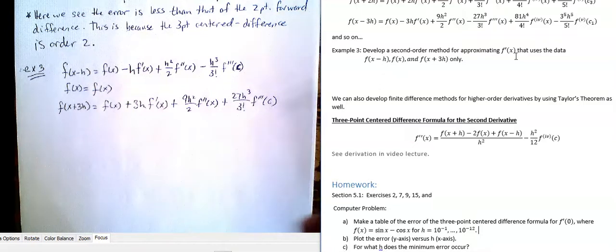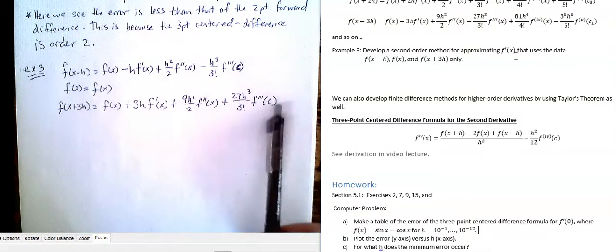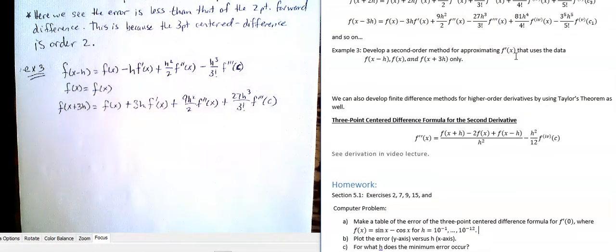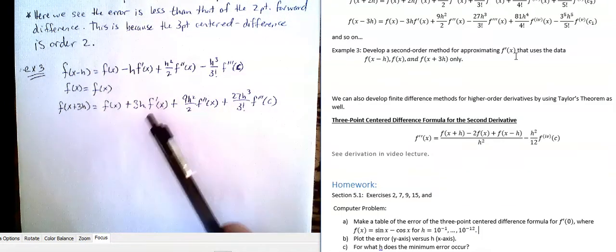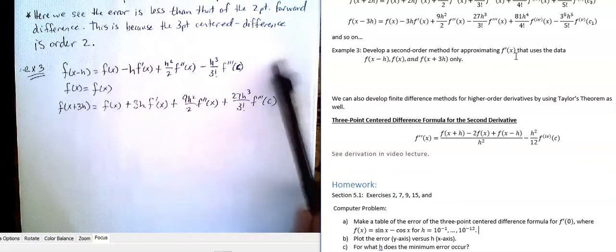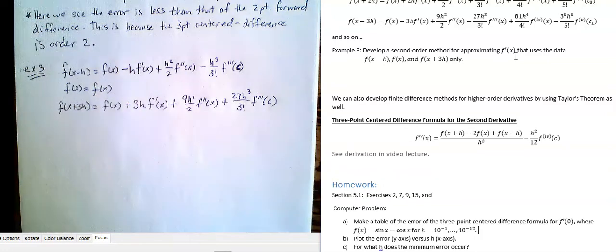If we wanted a third order method, we would need one more term as our error, right? Because if we had the h to the 4th power term here, we'd be dividing by h, we would get an h cubed term for our error. That would give us a third order method, okay?